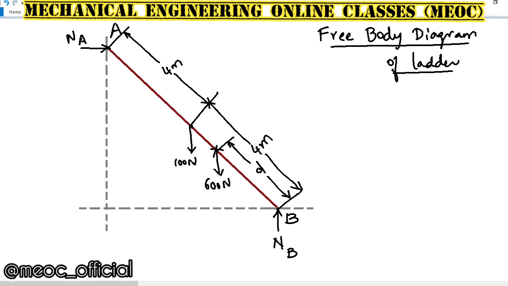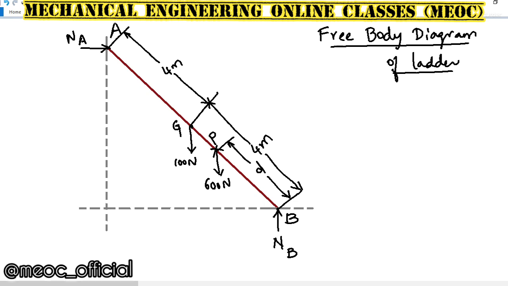Let the centroid of the ladder be G, and the position of the person be P. After he moves away from P towards A, let us assume that the ladder will slip.